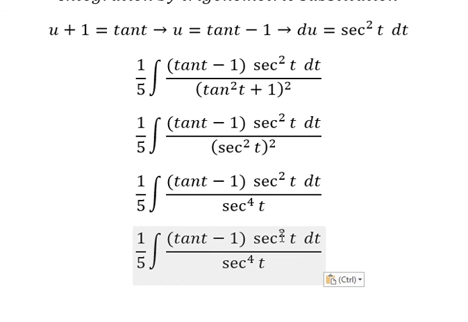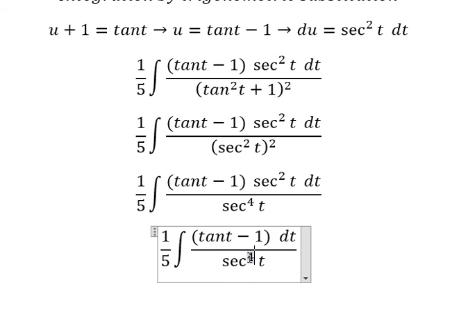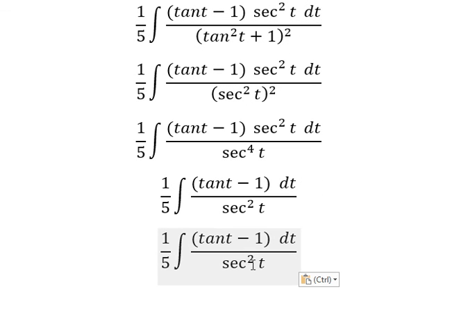Later we simplify secant of t square on the numerator and denominator. And we know that 1 divided by secant of t square, you get cosine t square.